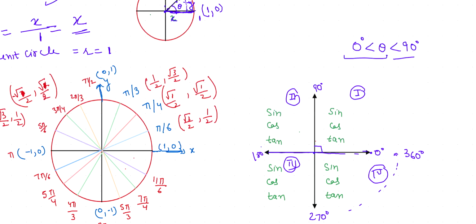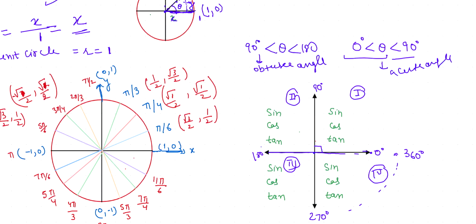Then this is the acute angle. Okay. If the angle is greater than 90 degree but less than 180 degree, means it lies in second quadrant, then the angle is known as obtuse angle.